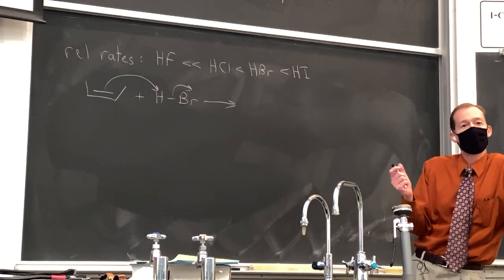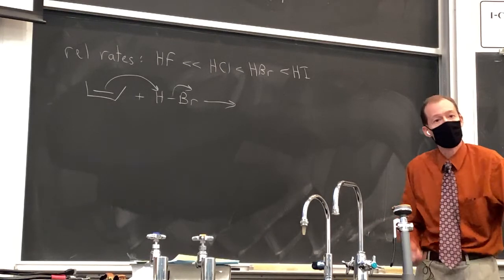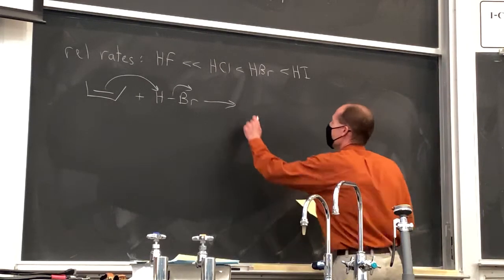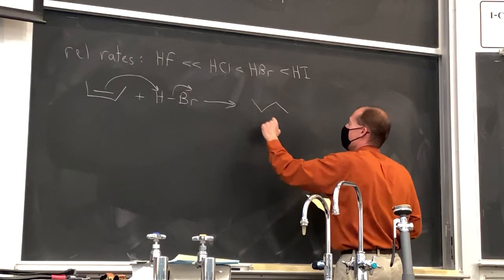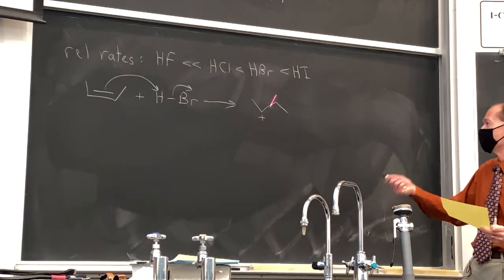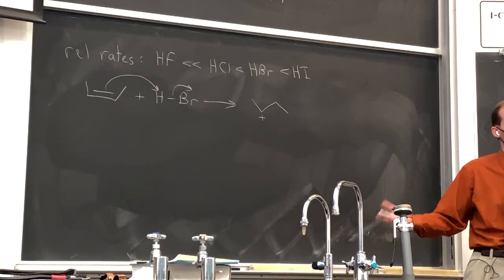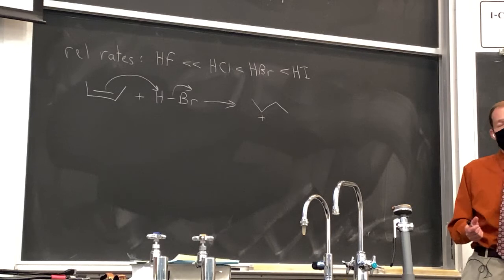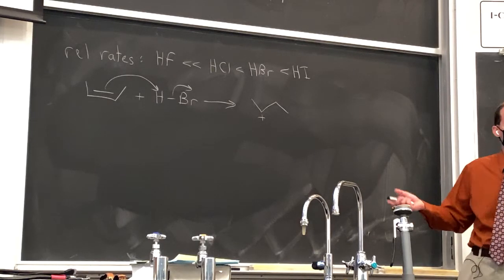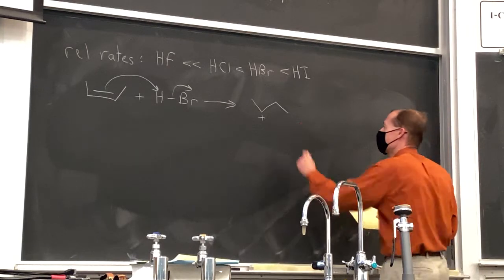And what's going to be left behind on the other carbon? A positive charge. So we're forming a carbocation. This is another way of forming a carbocation. In this case, because I chose a symmetrical alkene, it doesn't matter which of the two carbons I put that positive charge on. This is a new way of forming one that we haven't seen before, protonation of an alkene.